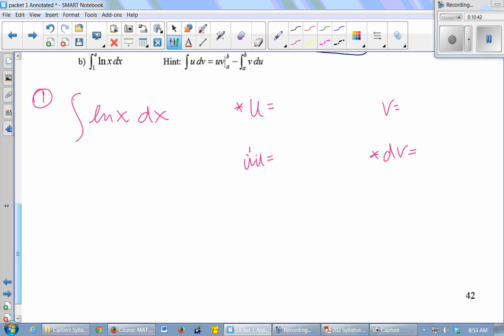So I'm going to make u ln x. My general advice that I gave before was to choose dv as the most complicated thing that you are able to take the antiderivative of, right? We don't know the antiderivative of ln x, so we're going to have that be u. And that leaves the rest, the dx, to be dv.